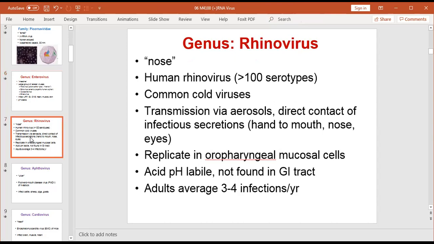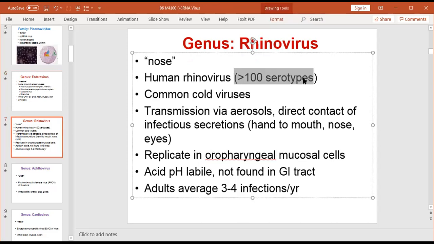A second genus within the Picornaviridae family is called rhinovirus, rhino meaning nose. We have over 100 serotypes of human rhinovirus. These are mainly those viruses that cause the common cold.